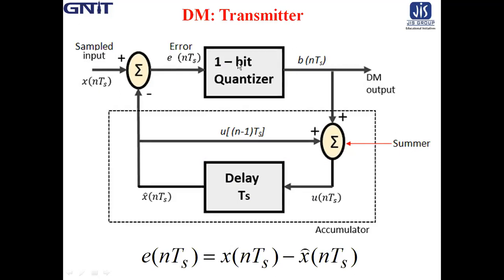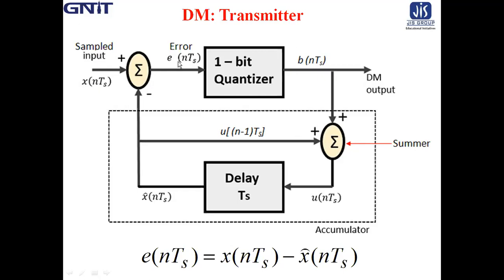Then it will go to the 1-bit quantizer, and the output of the 1-bit quantizer is b(nTs). And from that, here is an accumulator circuit actually. So here u(nTs), which is delayed by a bit interval Ts, and it will go u(nTs minus Ts).